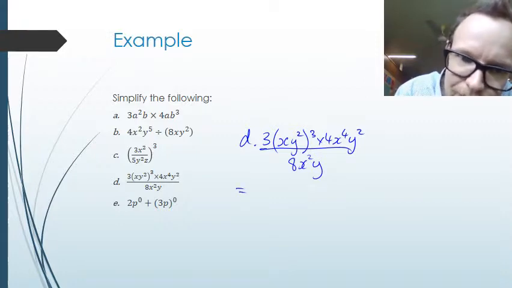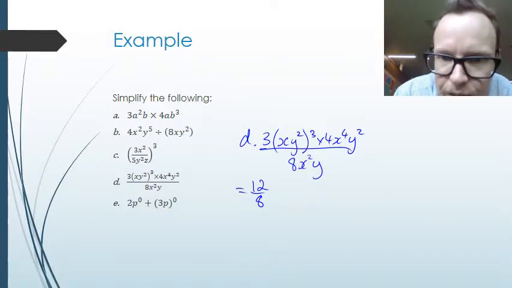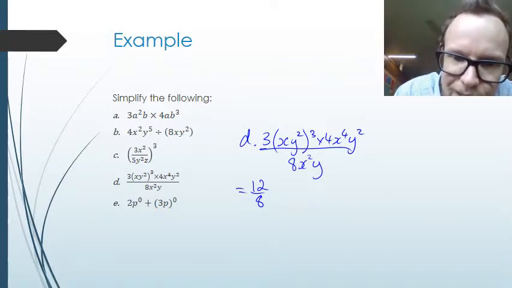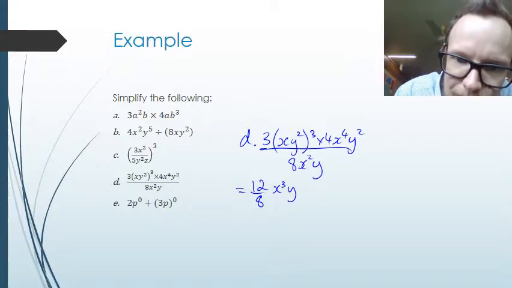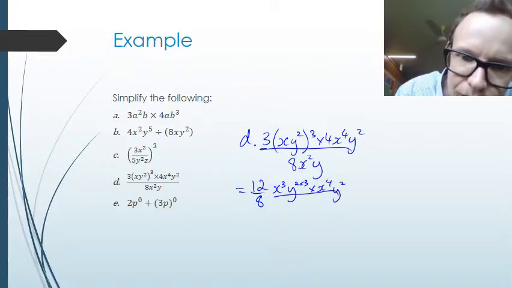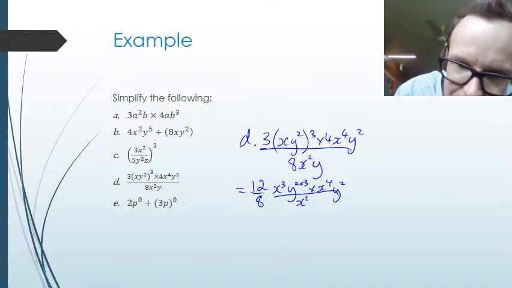I'm going to have 12 over 8 here, and I'm going to apply the index law to the first part and get x cubed y squared times 3 times x4 y squared over x squared y, and then combine.